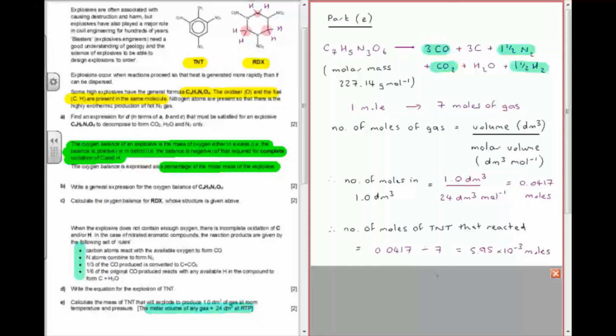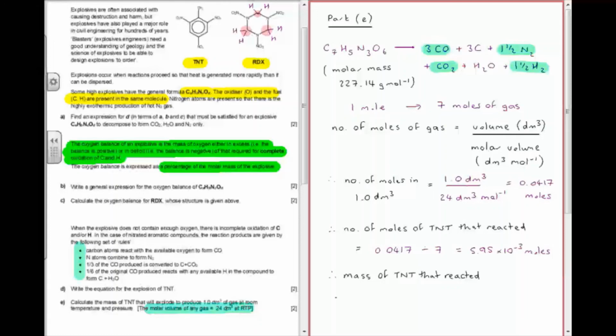But the question didn't ask us to calculate the number of moles of TNT that reacted, it asked us to calculate the mass of TNT that reacted. So our final stage in our calculation is to turn a number of moles into a mass simply by using the fact that the mass is equal to the number of moles times the molar mass. So I've calculated the molar mass of TNT as 227.14 grams per mole.